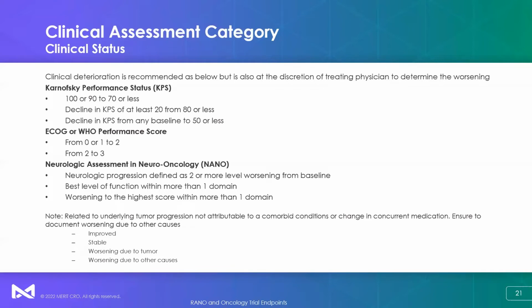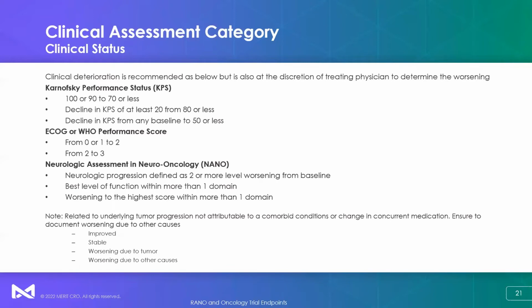And one important thing while we record the clinical status of the subject is that the clinical deterioration must be related to the actual tumor progression and not attributable to comorbid conditions or a change in any concurrent medications, so that we make sure there is documentation.